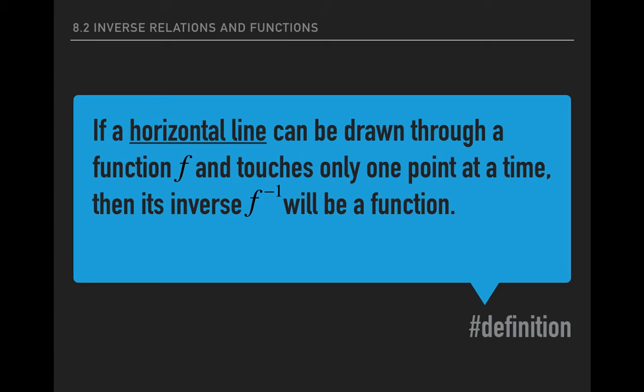So we've studied the vertical line test, and vertical line tests tell us that the graph is a function. The horizontal line test, when you use it on an original function, will tell you if that function's inverse would be considered a function as well.